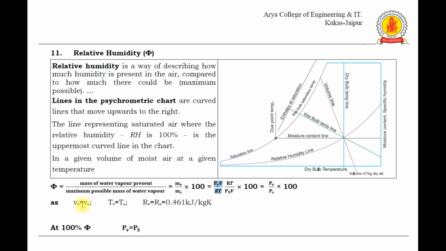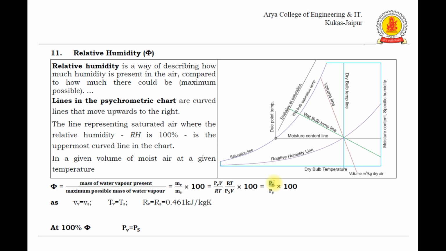For a given mixture, the volume is the same, the temperature will be the same, and the gas constant will be the same as it is a single mixture. So we will cancel out these terms and we will get this term. And to know the relative humidity, we have to know the partial vapor pressure of the mixture and the vapor pressure of the saturated mixture.